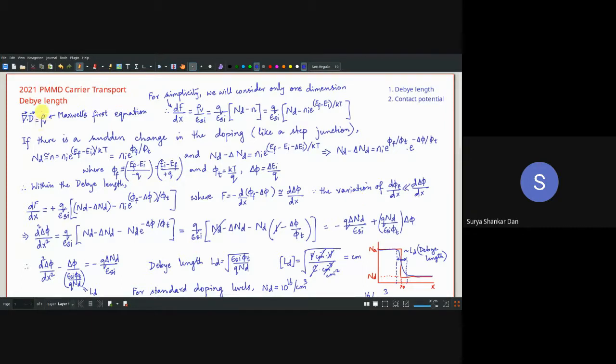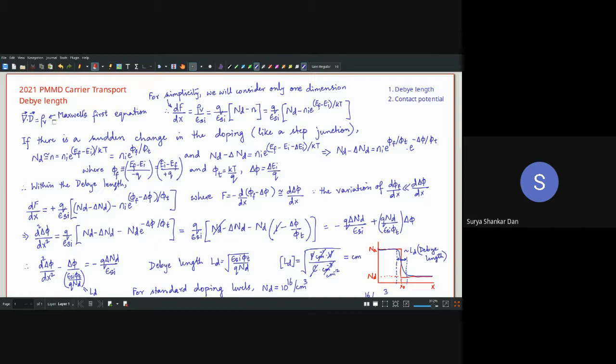Here we begin with Maxwell's first equation as usual, the Poisson equation. If it is for free space, we will not have any charges, right? So this rho v is going to be 0. So divergence D equal to 0 is the Laplace equation, which is used in electromagnetics for free space.